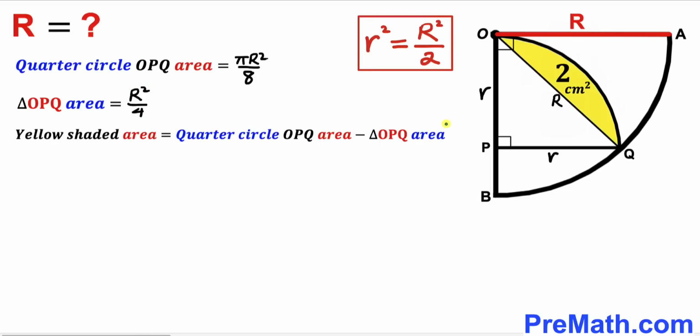And now let's recall this equation once again. The yellow shaded region area is equal to the quarter circle OPQ area minus the area of the triangle OPQ. And here we can see our yellow shaded region area has been given to us as 2. The area of this smaller quarter circle has been given to us as pi times uppercase R square divided by 8.